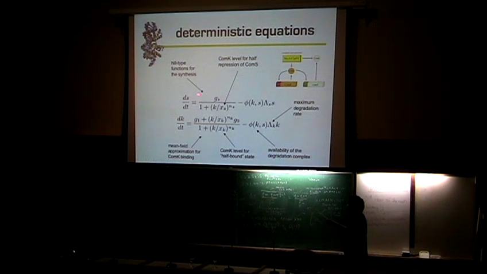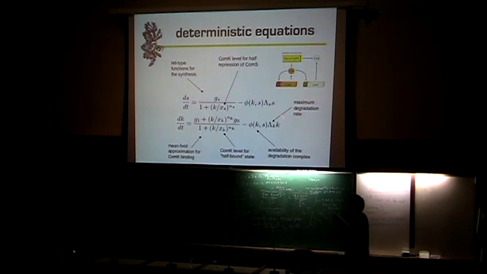So this is the synthesis of K. That's the same idea. You're averaging the two synthesis rates, the bound and unbound synthesis rate, according to the concentration of K, considering that the binding and unbinding happens really fast.